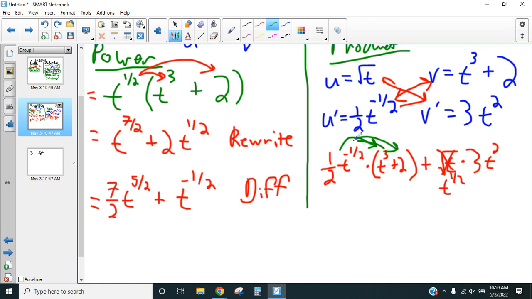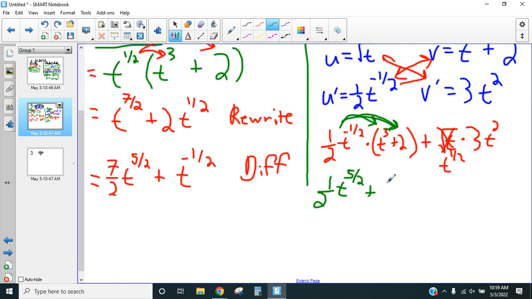So that means when we do this, we're adding the exponents right there. 5/2, yep. And it's 1/2 t to the 5/2. And then the second part of that is here. That's 2 times 1/2, so that's 1.